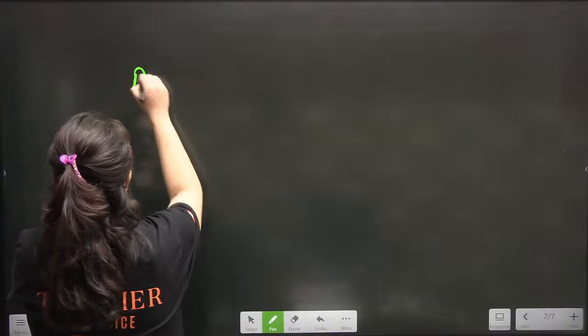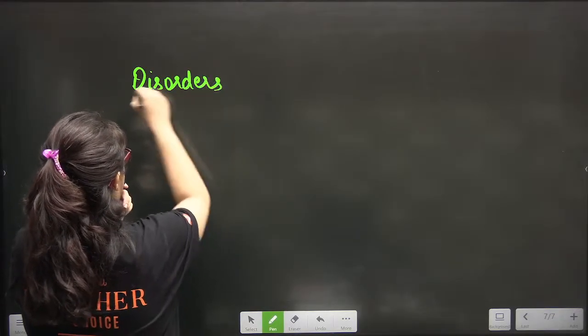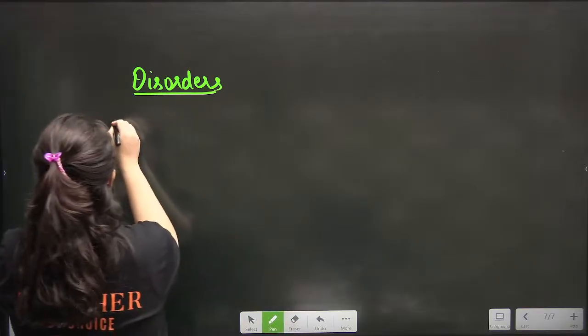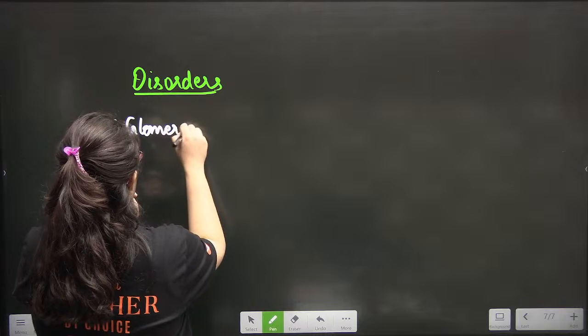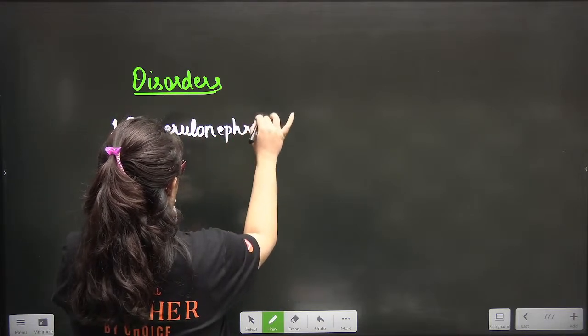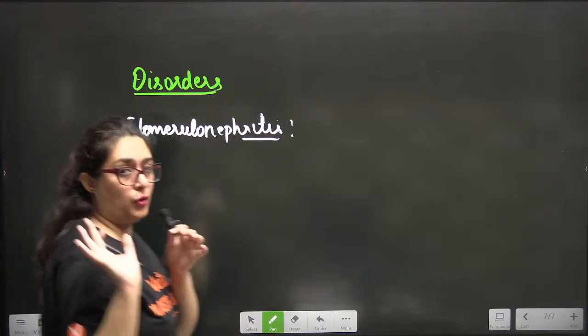Now, if we discuss the disorders, first glomerulonephritis: whenever the suffix itis is there, it means inflammation of the glomerulus.